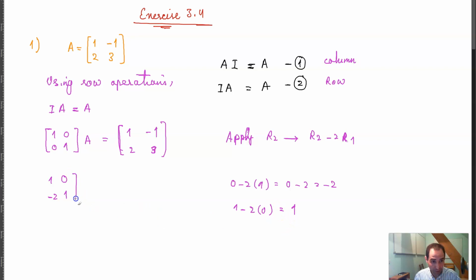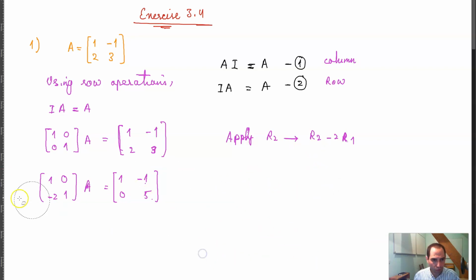And then you have your matrix A. The first row remains the same, 1, negative 1. The second row becomes 2 minus 2 times 1, which is equal to 0. And this becomes 3 minus 2 times negative 1, which is equal to 3 plus 2, which is equal to 5, right?